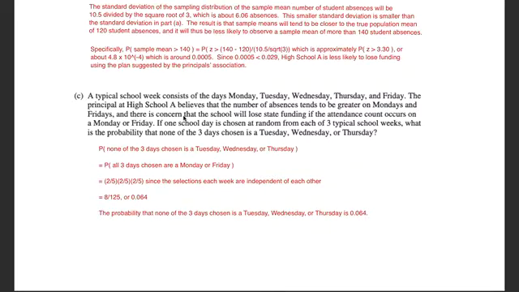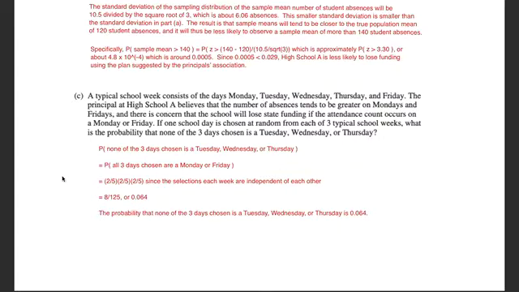So this person's concerned that the school will lose state funding if the attendance count occurs on a Monday or a Friday. So here's the probability to calculate: if one school day is chosen at random from each of 3 typical school weeks, what is the probability that none of the 3 days chosen is a Tuesday, a Wednesday, or a Thursday?